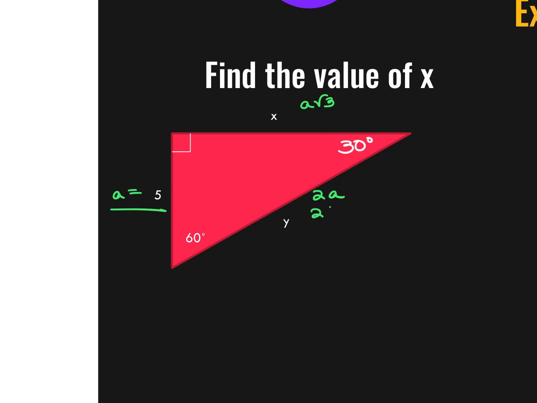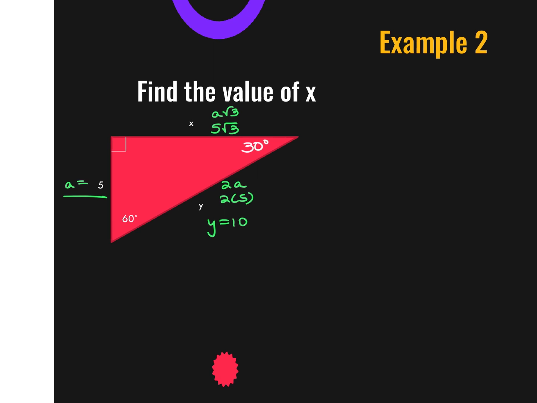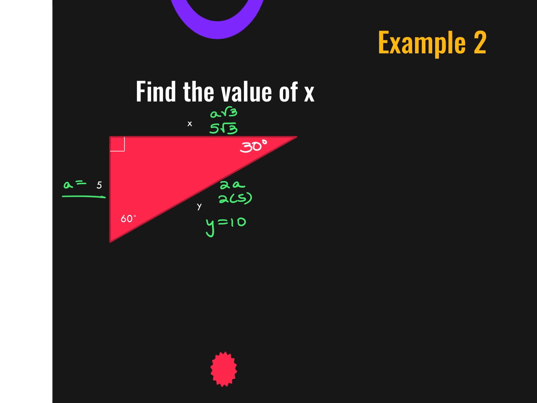So over here, if I do 2 times 5, I'm going to get y is equal to 10. Up here, just put the 5 in front of the square root of 3. And we're done. Let me draw another right triangle.